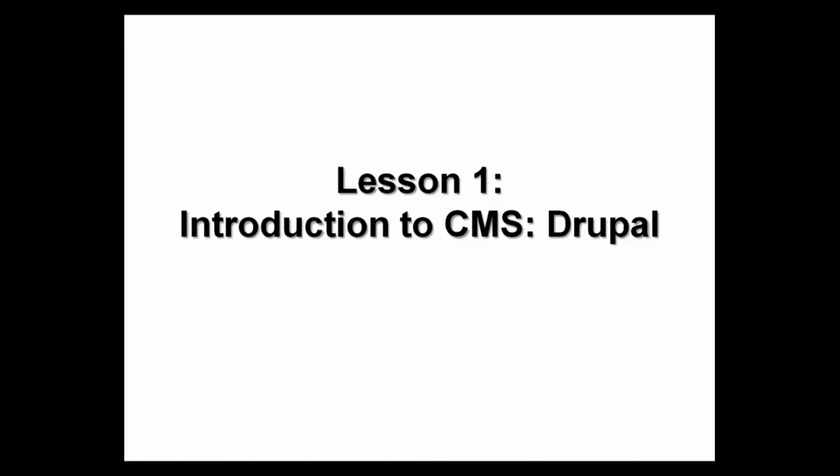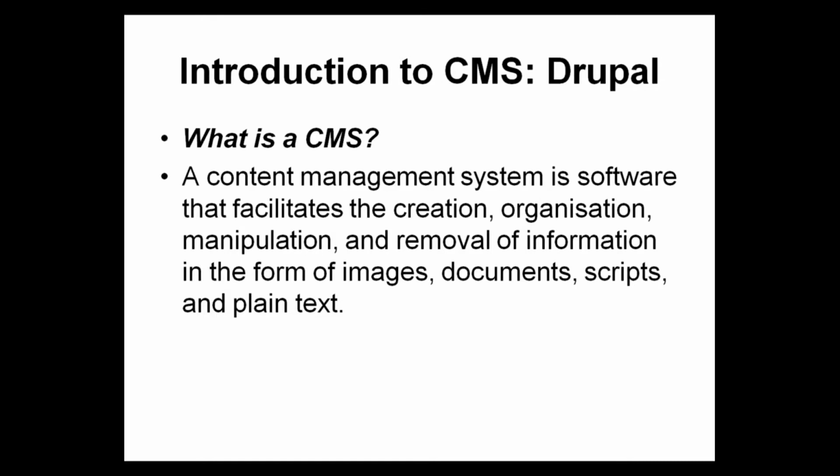Now, introduction to content management systems. What is a content management system? A content management system is just software that helps in the creation, organization, or manipulation of information in the form of images, documents, scripts, and plain text.